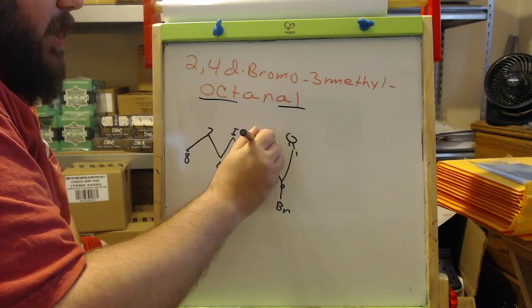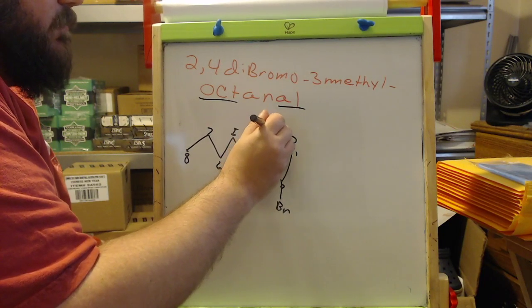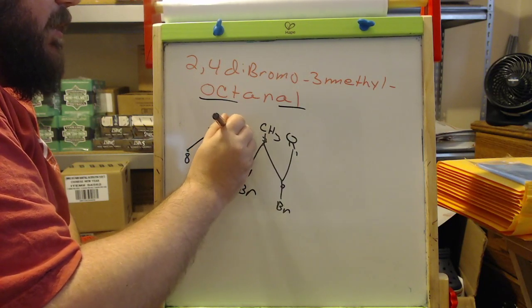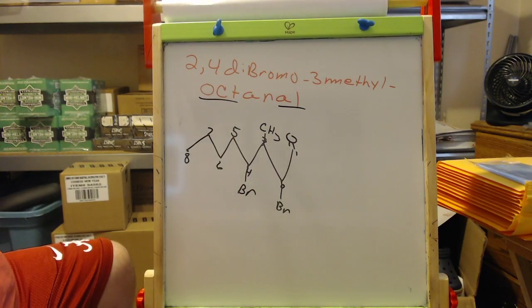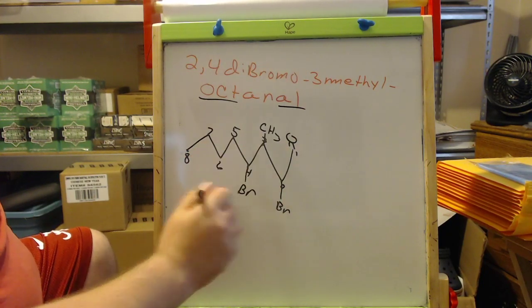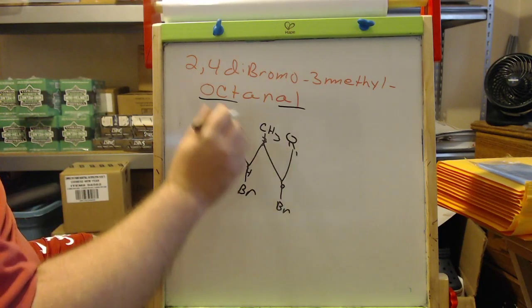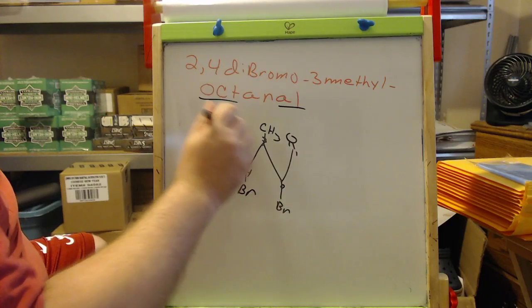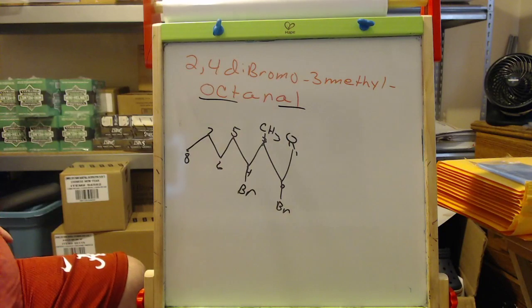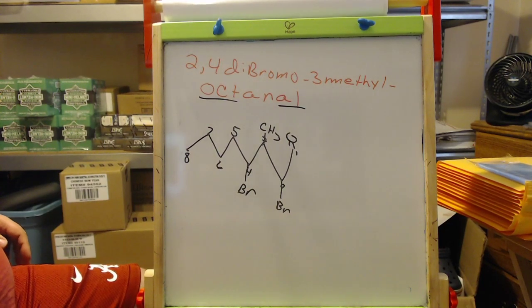On the third carbon is a methyl group. That looks like an I, I don't want it to be an I. There we go. So this is 2,4-dibromo, got it. 3-methyl, got it. Octan, 8 carbons, got it. Al, and we don't need a number because octanal can only be at the end.